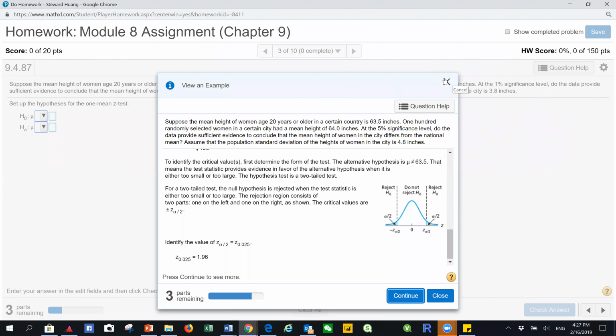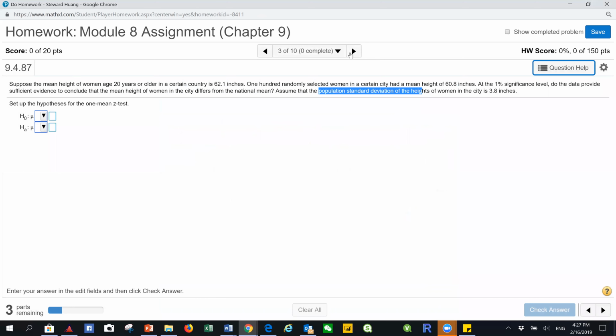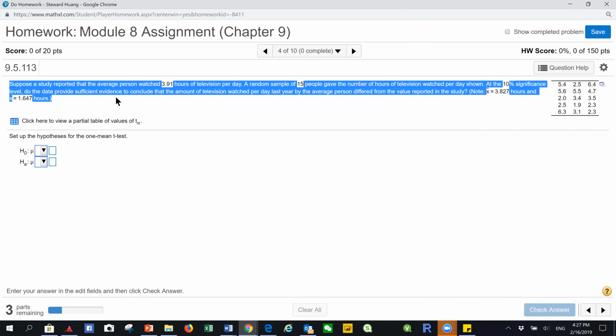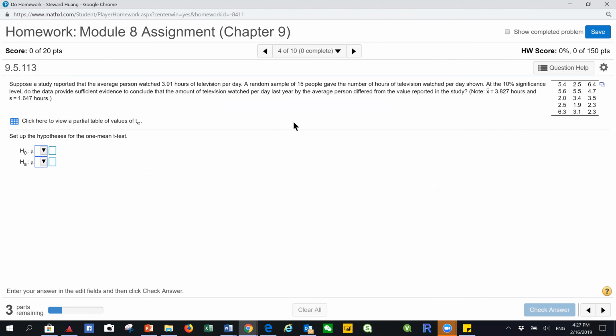So this is question number 4. Now for this question, it is all similar, but the difference is that you need to read the question and you will find the parameters or statistics you need. You will find the sample size, you will find x bar, you will find s, which you see right here.